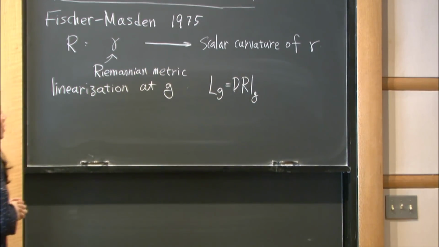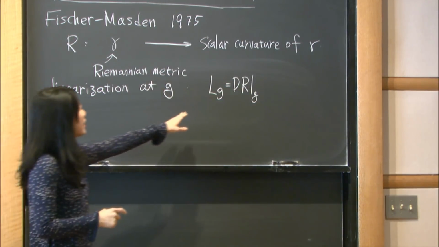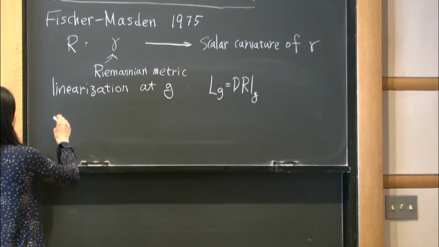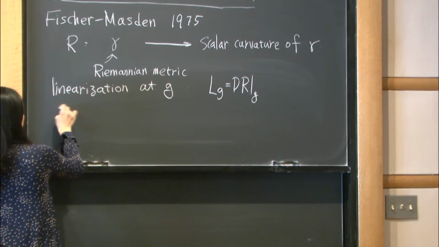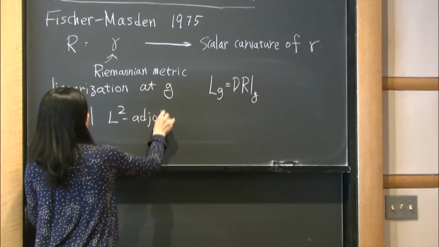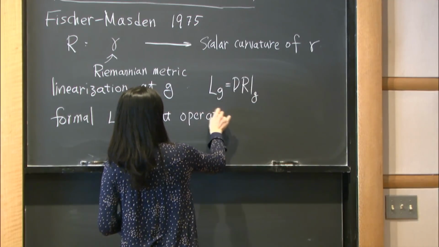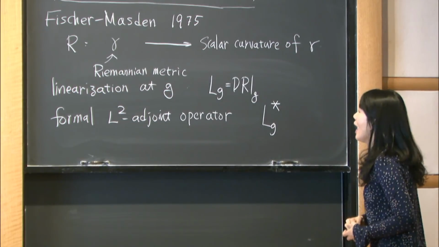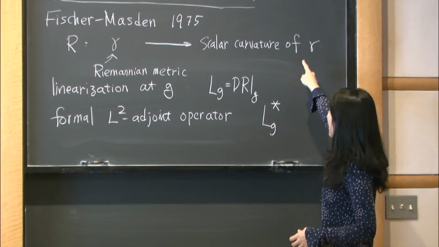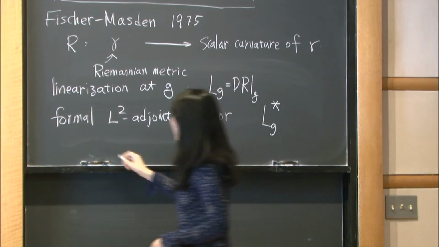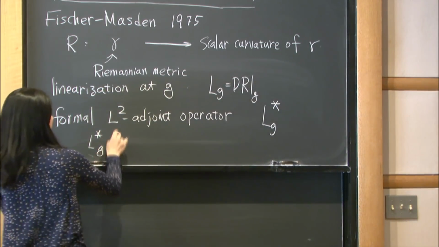Then Fischer-Marsden told us this map is a little bit harder to understand because it acts on symmetric 2-tensors, so there are a lot of unknowns. Instead, they look at the adjoint operator, which I will denote by L_g star. L_g star is an operator that goes in the backward direction, so it acts on functions, and it has a quite nice formula.